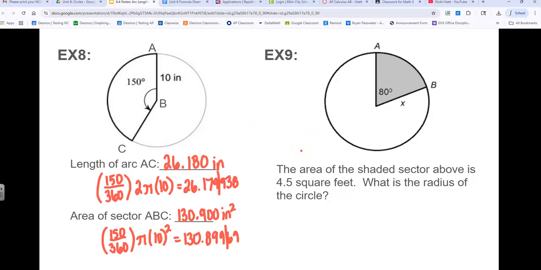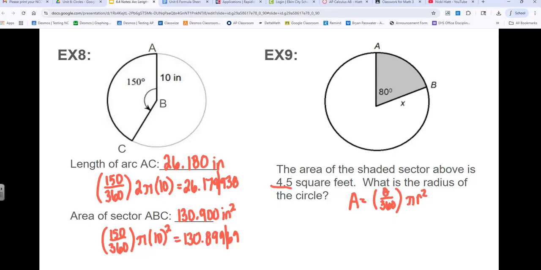And our last question here is probably our trickiest of all. It's a little bit of a backwards problem. The area of the shaded sector above is 4.5 square feet. What is the radius of the circle? So in this case, our area formula for the area of a sector is going to be theta over 360 times pi r squared.